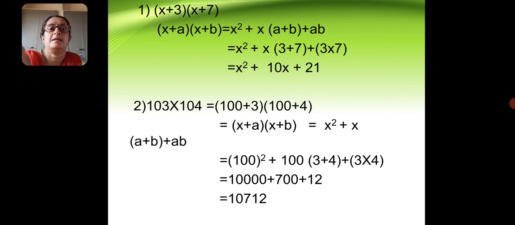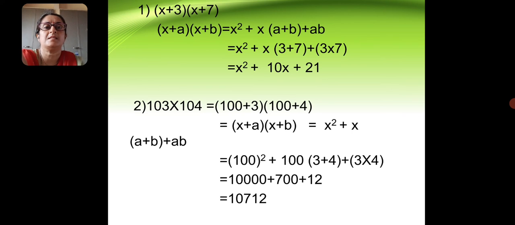Next, 103 into 104. So using the same identity we are going to solve. What is 103? That is 100 plus 3. 104 is 100 plus 4. So here 100 as x, 3 as A and 4 as B. So x square plus x, A plus B, plus AB.